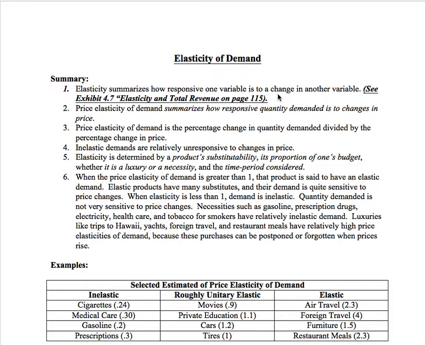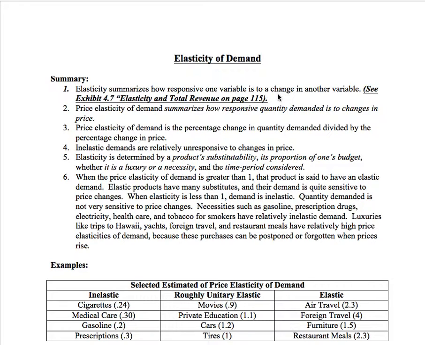If I have an increase in price, the percentage change in quantity demanded will be less. Guess what? My total revenues will go up. So that's one of the reasons why reviewing the table on page 115 will help you to understand.